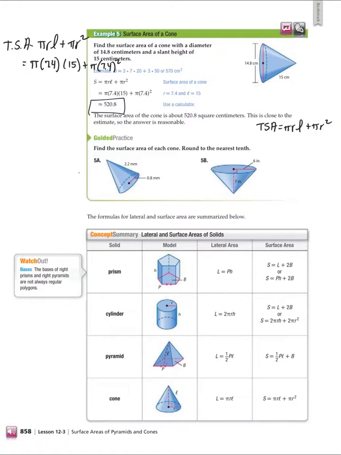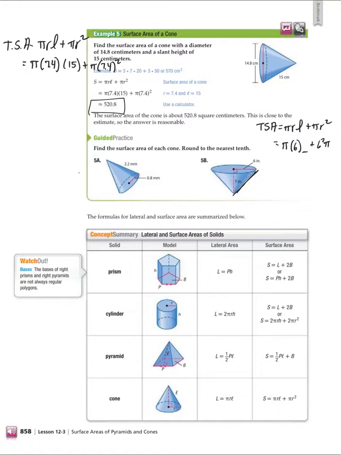Okay, we're going to find the total surface area here, so let's see what information we have. Again, we're going to use the radius of the base is 6, L we do not know, and over here we're going to have 6 squared pi. So we've got to find the slant height, and it's going to be easy to find using Pythag.